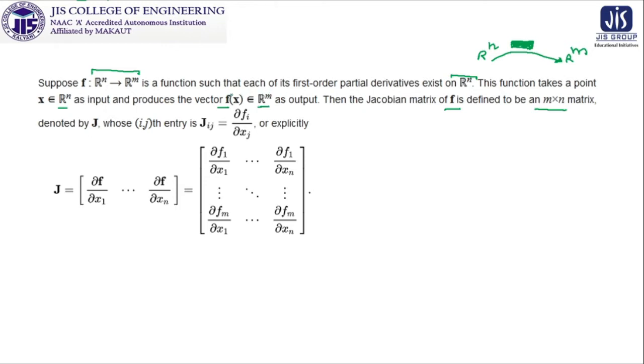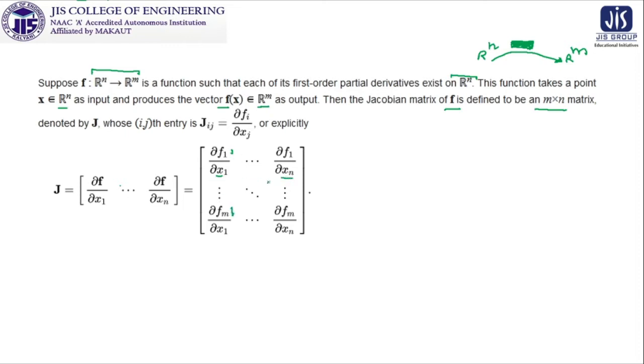If we write it in explicit manner after breaking these things, the matrix will be of this form: del F1 del x1, del F1 del x2, del F1 del x3 and so on up to del F1 del xn. These are the components from Rn, and these are for Rm.